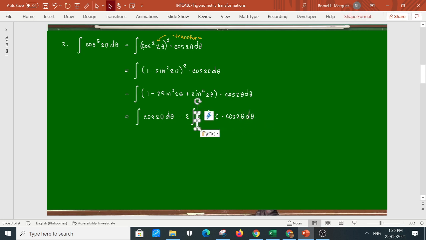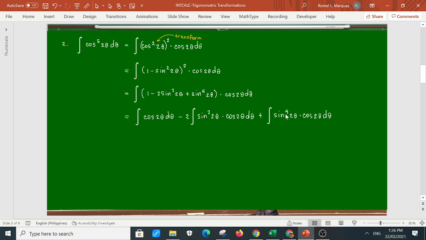Okay? Then the last integral, what's the last integral? Plus sine to the 4th 2 theta times cosine of 2 theta d theta.